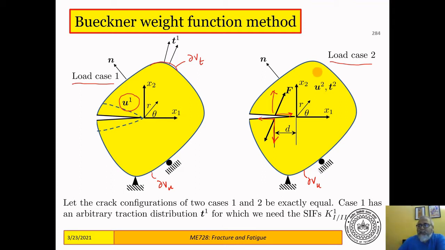The displacements in this problem are given by U^2, a function of position, and the tractions are T^2 in this case.